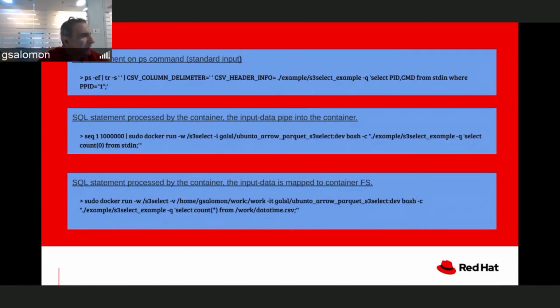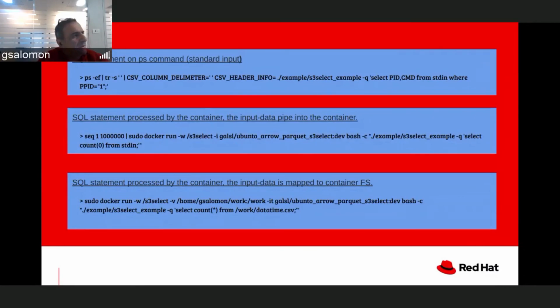Since ps prints out the name of each column, the first row is actually the names of the columns. We can use that in the select statement.